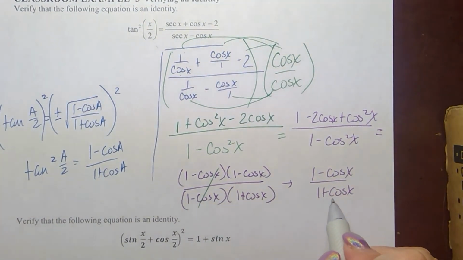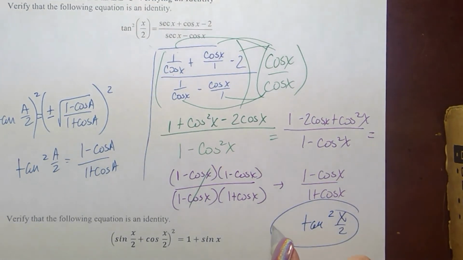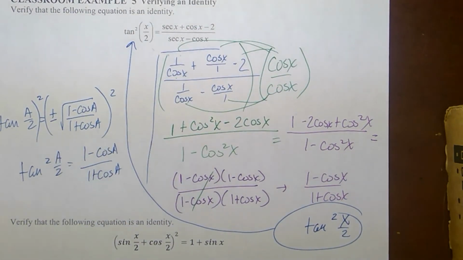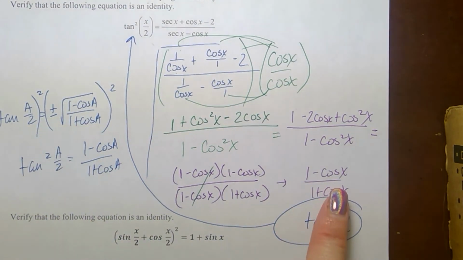So this is the same thing as tangent square x half. And I have verified my identity. You don't have to show me this. If you get to this point and then rewrite it as this, I know that you found that link.